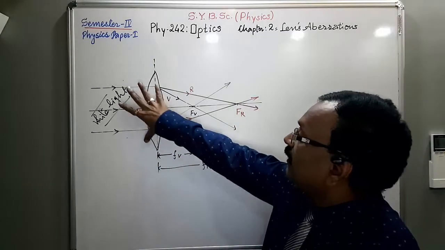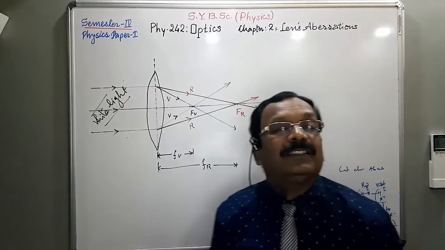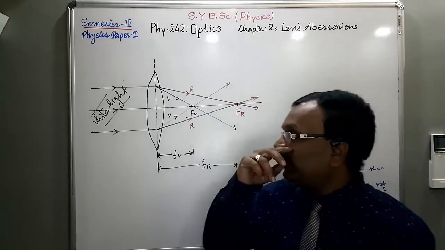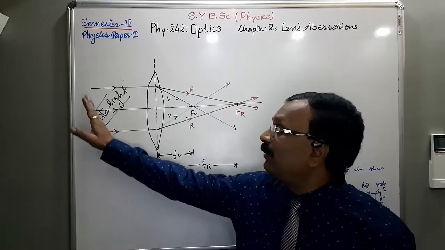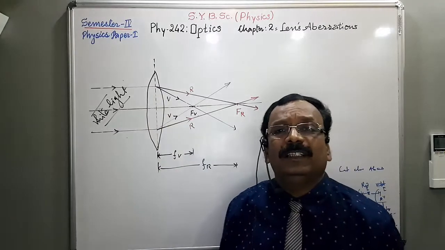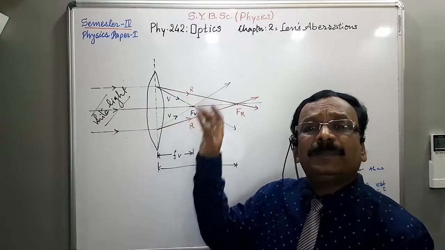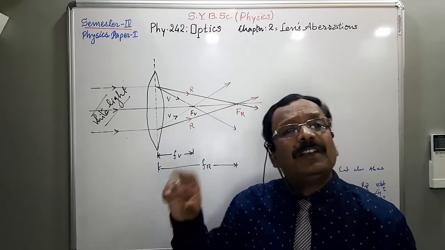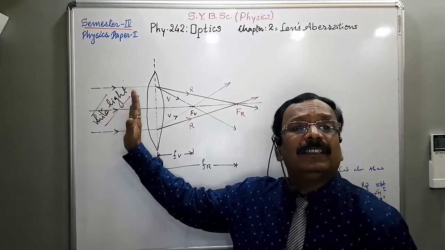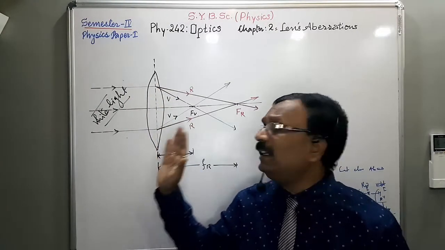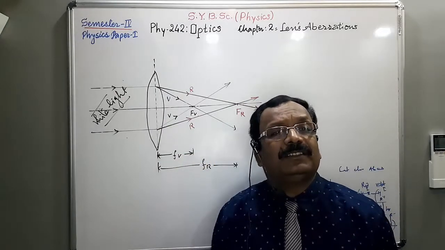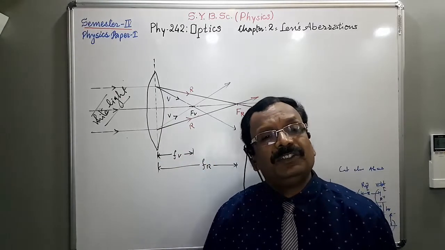See here, this figure illustrates axial chromatic aberration. See how it takes place. When a beam of white light is incident on the lens, it gets dispersed into its 7 constituent colors.